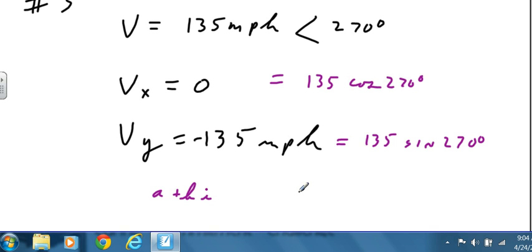And then I put in my calculator 135, second function, complex angle, 270, and I hit the return button. The machine's going to tell me that I'm at minus 135 in the i direction. And that would be that minus 135 right there.